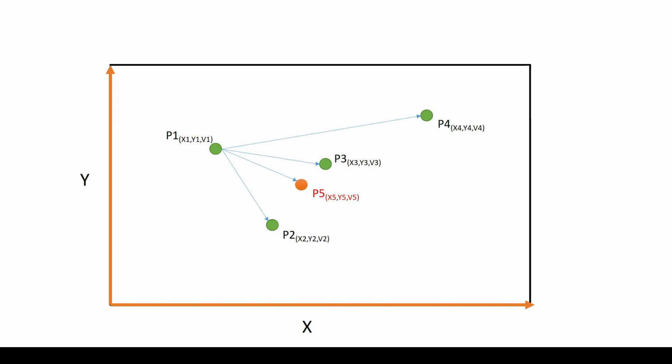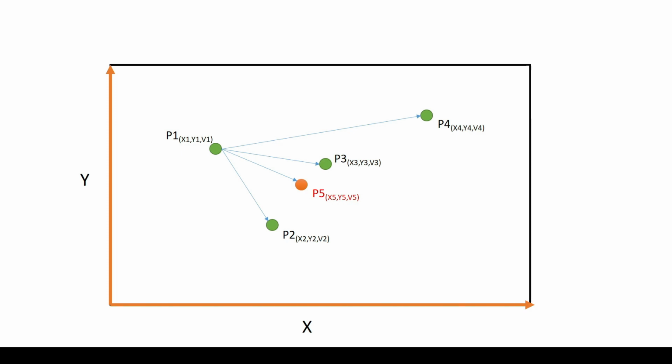And as you can see, we have a point P5 that is unknown, and we have the X and Y coordinates for that point, but we don't know the grade in there. So what Kriging is going to do to estimate that point is assign some weights to the grade values in the known points, and then based on these it's going to calculate the value in P5.